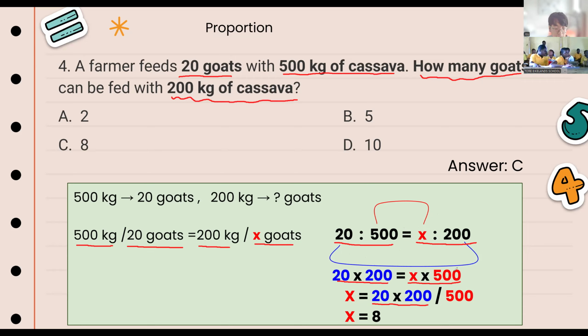And you can find X by dividing by 500. 20 times 200 divided by 500 is 8. That's why the answer is 8. So this is solving by proportion question.